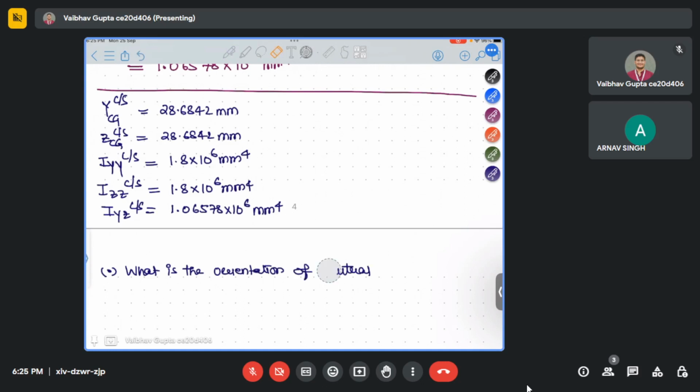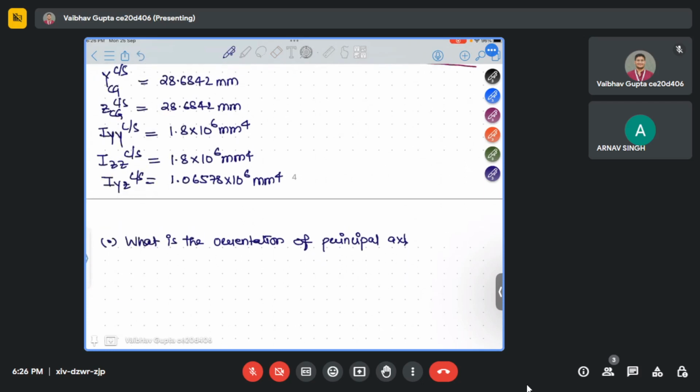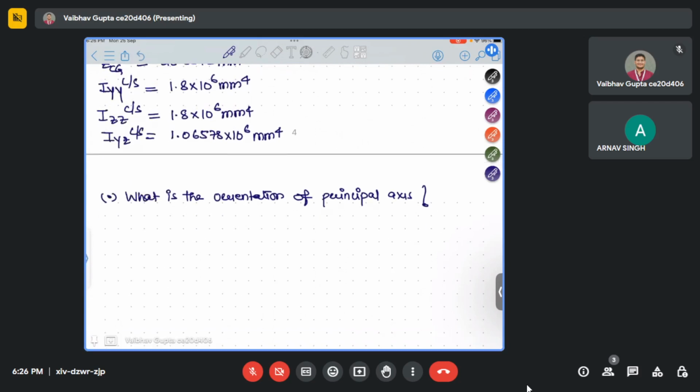Neutral axis will solve later. So the formula to find out this is theta is equal to 1 by 2 tan inverse twice of IYZ upon IZZ minus IYY. Okay, this is the formula.